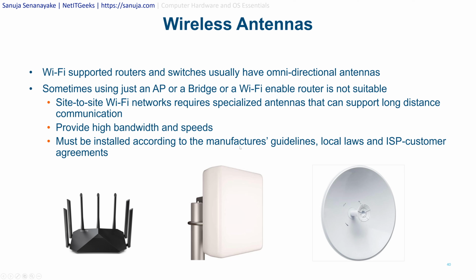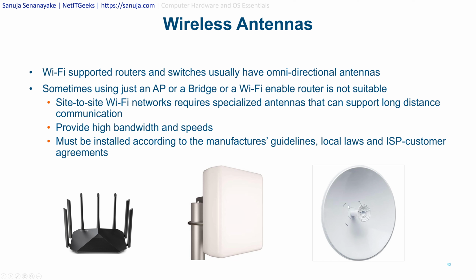In most countries, you can use any of these antennas just by going to the store and purchasing it, so you don't need to buy a license to operate these antennas, but you may need a license to install those antennas outside. So keep that in mind when you're using directional antennas, such as the site-to-site Wi-Fi antennas, such as these ones.